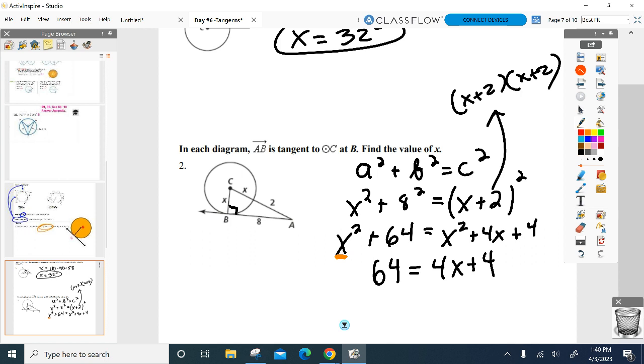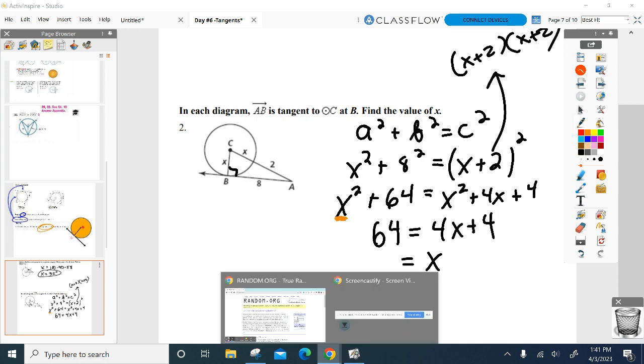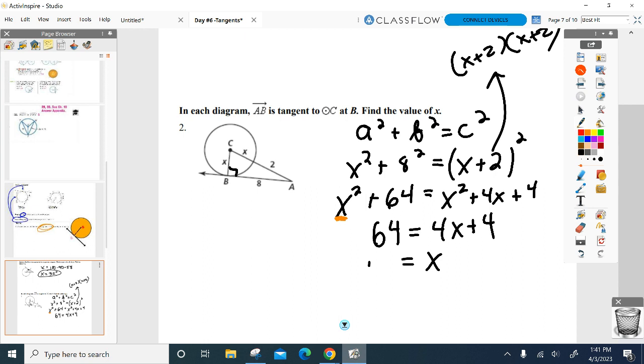And I hope you can solve something like that without factoring. Yes, the x squareds are gone. So we all right if we see this?